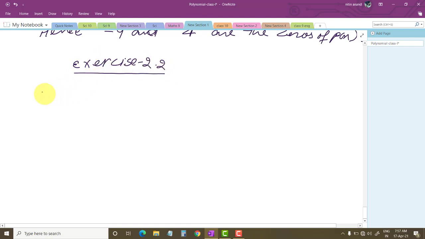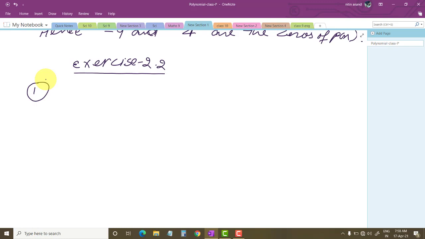Now the first question says: find the value of the polynomial 5x minus 4x squared plus 3 at the point x equals 0.